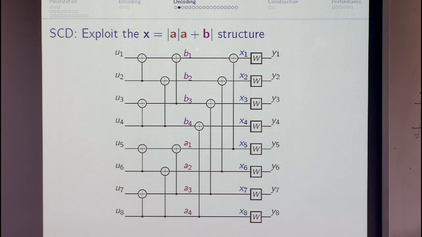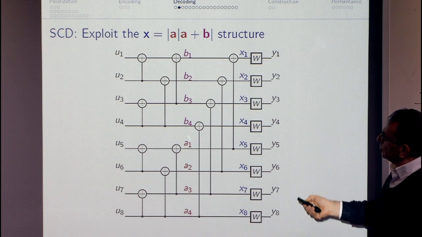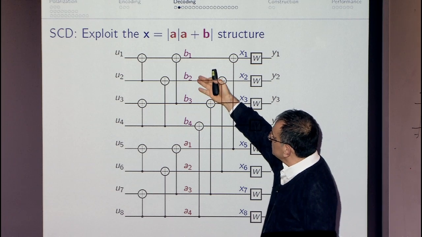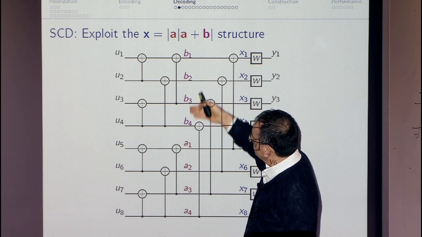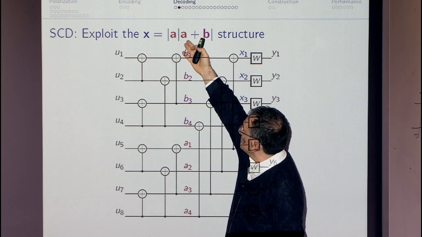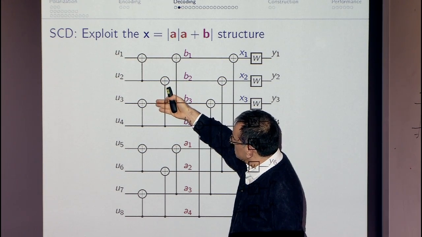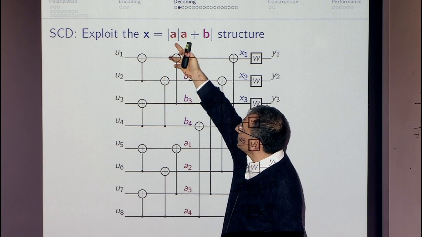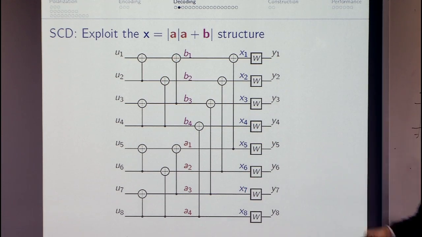And in decoding, we take advantage of this structure. We have this A plus B structure not only at this layer, but at each layer. The B1 through B4 here also has this sort of structure. It is the sum of this vector and this one. So it is recursively Plotkin, in other words, all the way through.